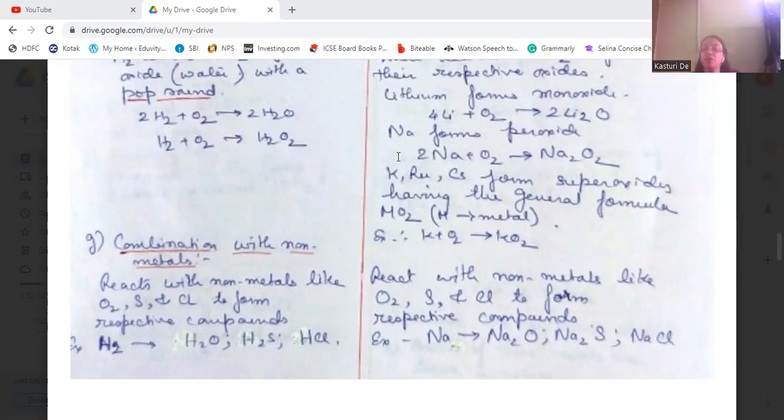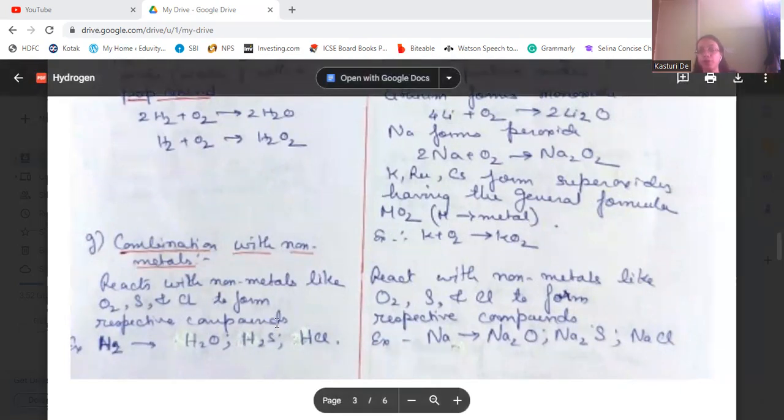The alkali metals also react with non-metals like oxygen, sulfur, and chlorine to form their respective compounds. Sodium forms Na2O, sodium oxide, with sulfur it forms sodium sulfide, and with chlorine it forms sodium chloride. I'm telling about only sodium.